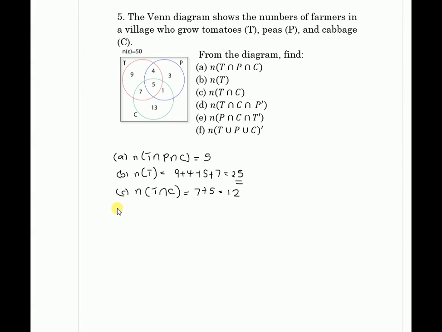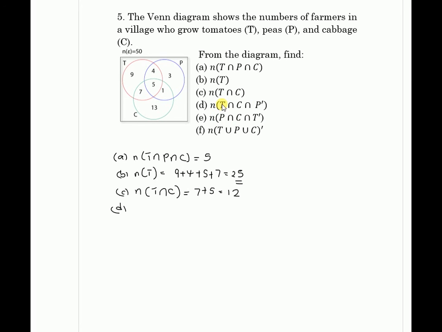Then part D is asking for the number of elements in T, also in C, but not in P, because we have a complement here, which means outside.